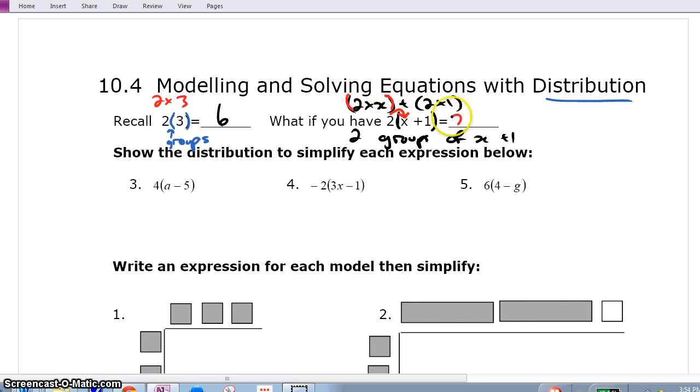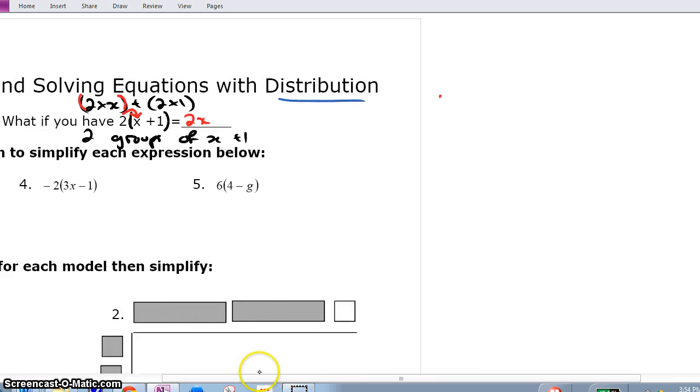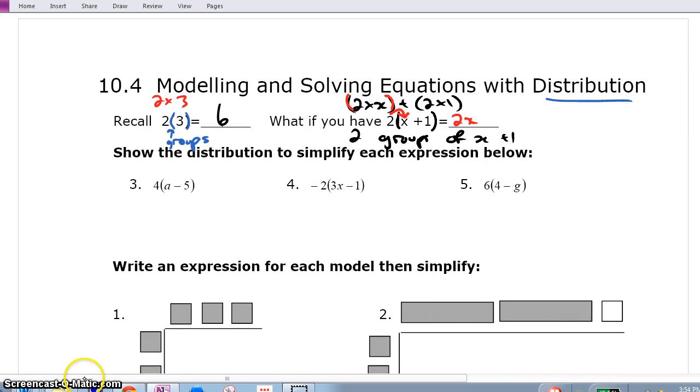So 2 times x, we have 2x. And then in blue, I'm putting my palm on the screen here and it's shifting. In blue, we're doing 2 times the 1. That's this step. We have 2 1's. So we have 2. And that's our distribution step in the middle, is that 2 times x plus 1 can be written as 2x plus 2. So if we practice that a few times here, I like to show this every time.